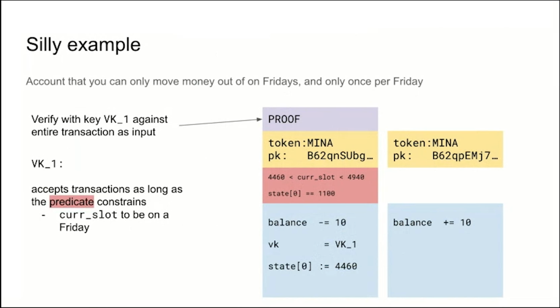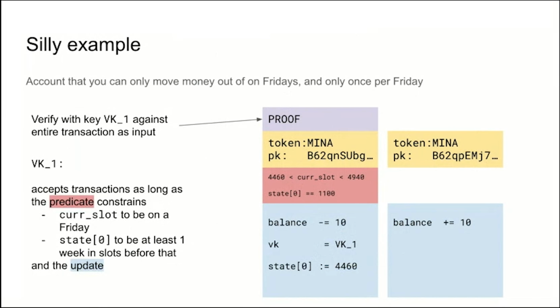We can see whether the current slot predicate says today's Friday. And VK1 will enforce that state 0 should be at least 1 week in slots before that. That's also something we can check. It's just checking that the difference between this number and that number is at least whatever 1 week is, 3,000 something.